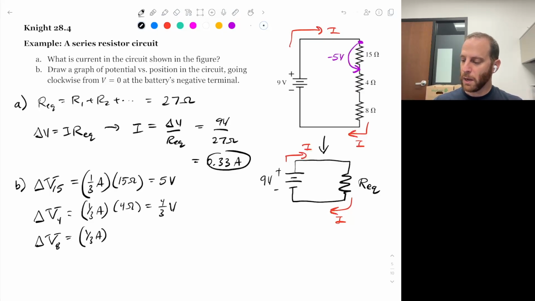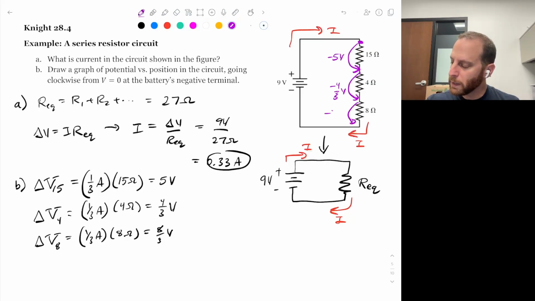And this one comes down by 8/3 of a volt. And we can mark that here. Down by 4/3 volt, down by 8/3 of a volt. And now just a quick check: if you go up by 9 volts and you come down by 5 and then down by 4/3 and down by 8/3, you'll be back at 0.